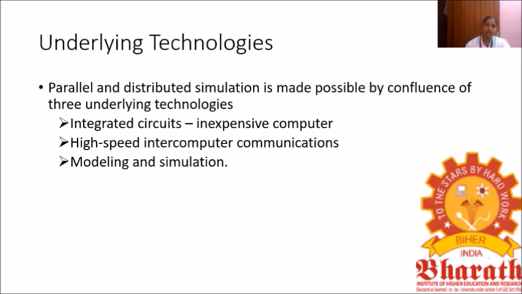And for the underlying technologies, we will see some of the types. Parallel and distributed simulation is made possible by the confluence of three underlying technologies. One is integrated circuits, the next is high-speed intercomputer communications, and the third is modeling and simulation.